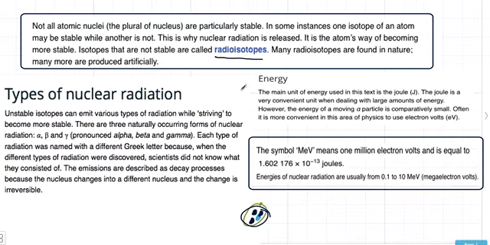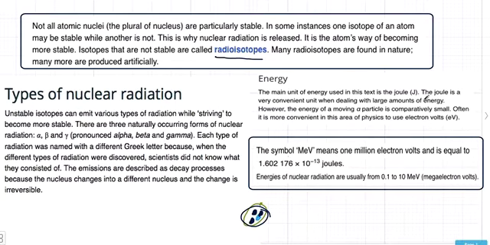So in terms of energy, the main unit of energy that we use in this text is the joule, but we're going to be looking at electron volts when we deal with nuclear radiation. So an electron volt is the amount of energy gained by an electron when it's accelerated across a 1 volt drop. And for us with nuclear radiation, we actually use the mega electron volt, so it's MeV.